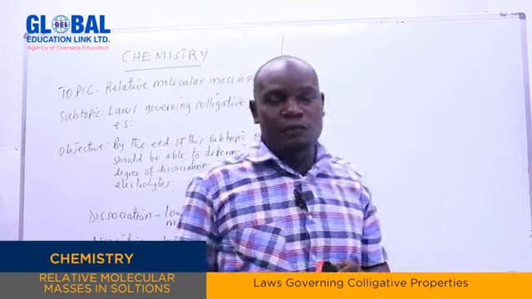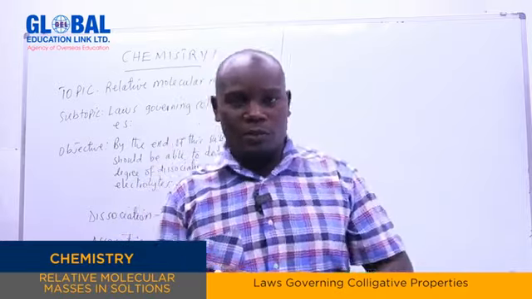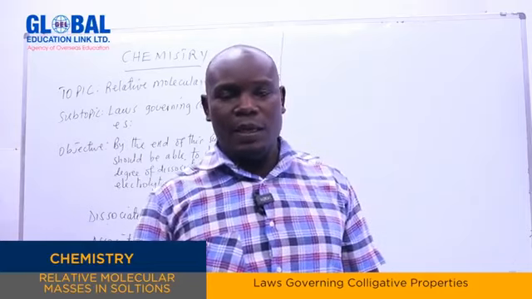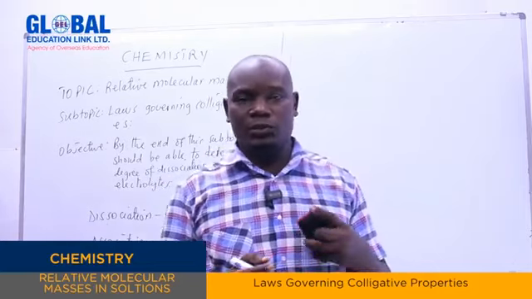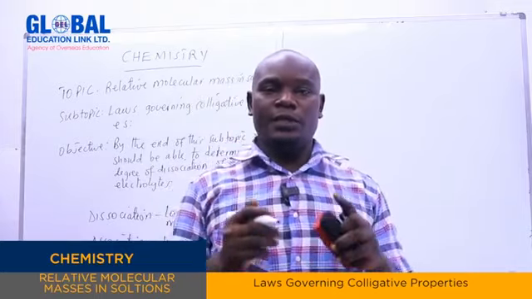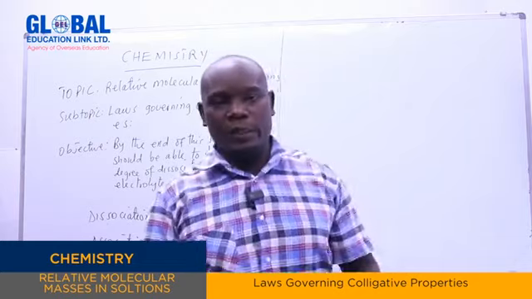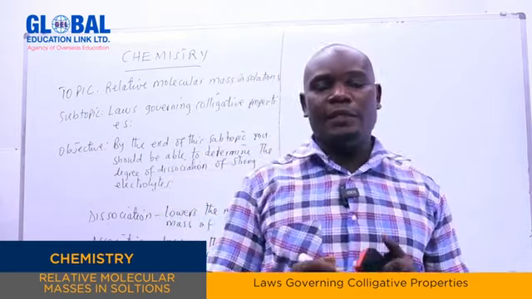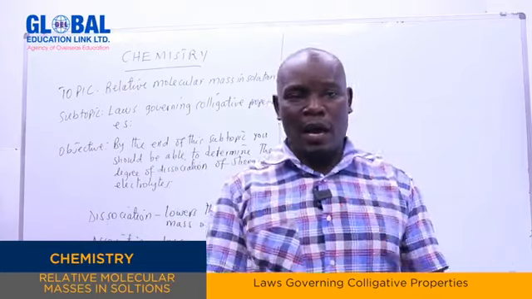Now consider, if a solute undergoes dissociation, how will you determine its relative molecular mass? If a solute undergoes dissociation or association, a Van 't Hoff's factor is introduced into the colligative properties equation, and the Van 't Hoff's factor is denoted by small letter i.